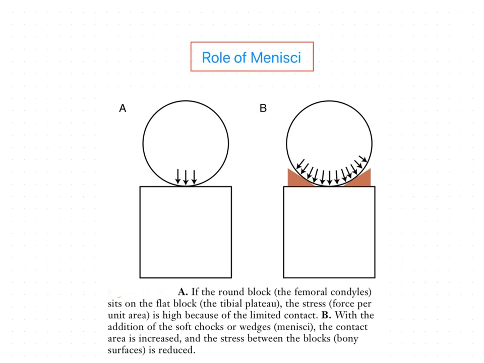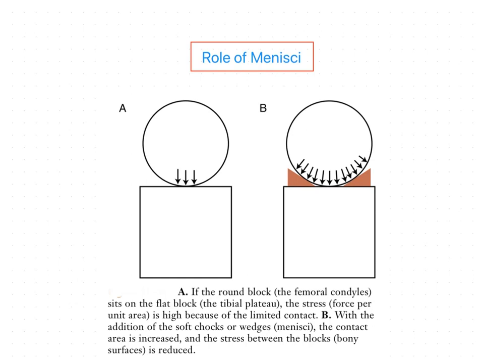If the femoral condyle sat directly on the relatively flat tibial plateau, there would be a small contact area between the bony surfaces. So with the addition of the menisci, the contact area at the tibiofemoral joint is increased and joint stress is reduced. After the removal of a meniscus, the contact area in the tibiofemoral joint is decreased, which increases joint stress and may lead to damage of the articular cartilage.